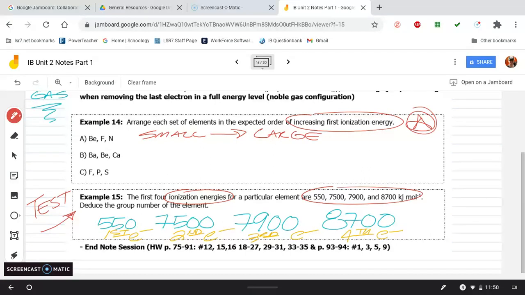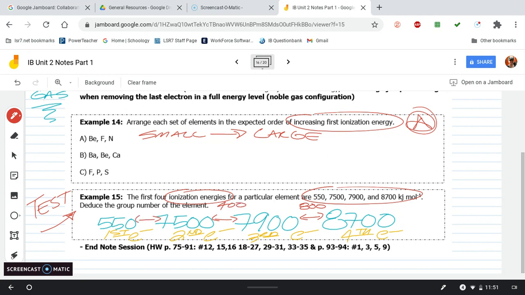So this difference here, 5,550 to 7,500, is a huge difference, right? And so these other ones are quite a bit smaller. The difference from here to here is only 800, and the difference from here to here is 400.